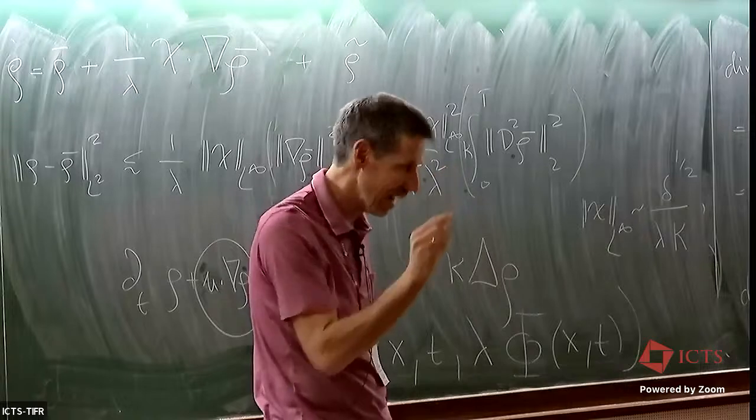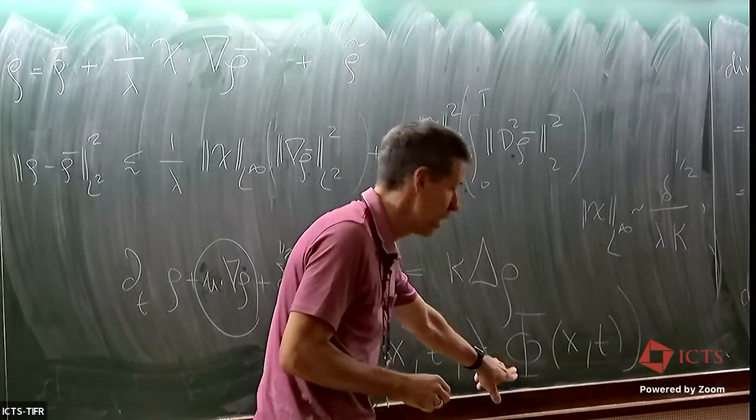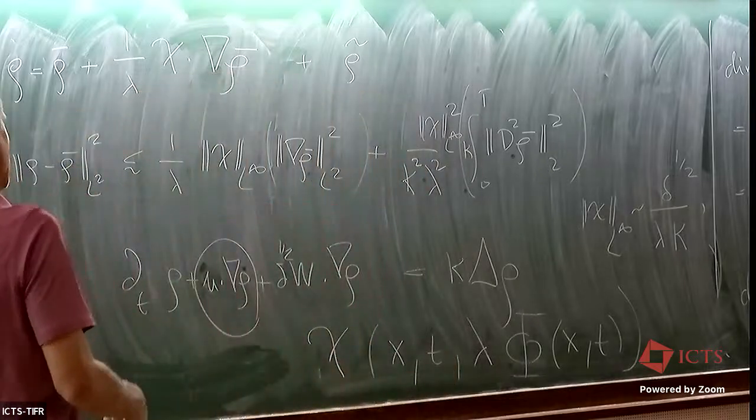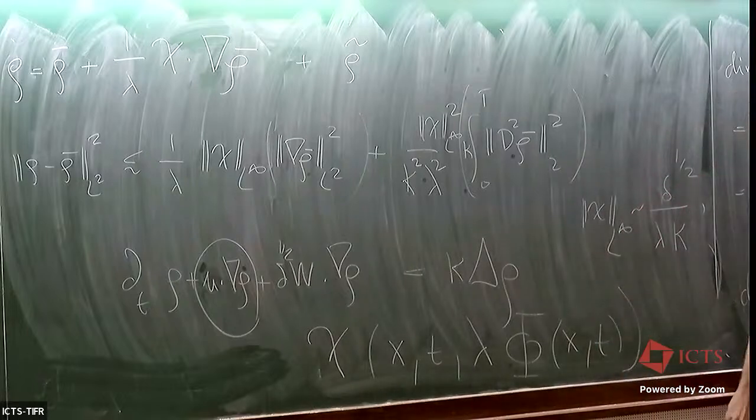Ujjwal called this psi, but I'm using psi for something else. But this is the inverse flow map. Once you have an inverse flow map there, of course, all these formulas get much more unfriendly. But it's okay. That's not a big difficulty.